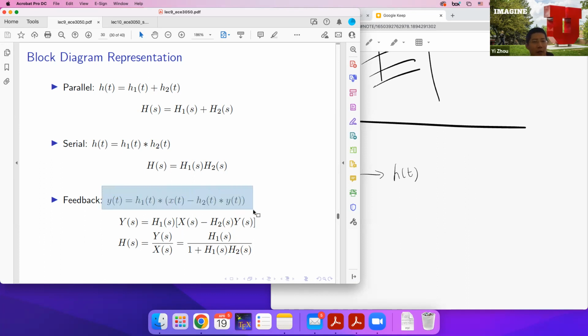This entire feedback system is built upon these two smaller LTI systems and also involves feedback. So for this entire system, the corresponding frequency response is characterized in this way. It depends on the responses of both H1 and H2, these smaller systems.